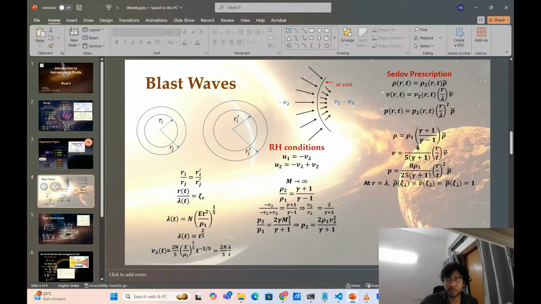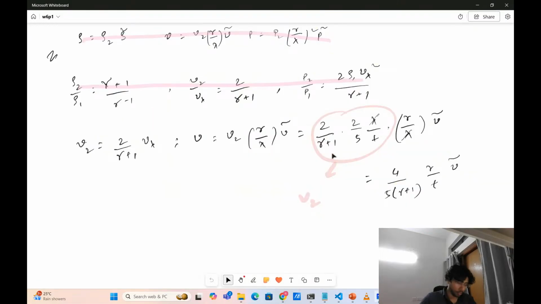Let's do the one for P as well. So what is P? Let's see what is P2. P2 from here is 2 rho 1 V lambda square by (gamma plus 1).